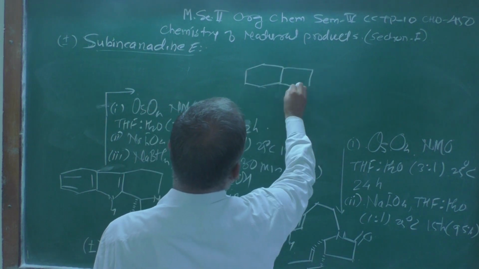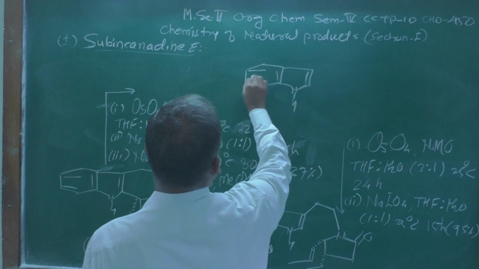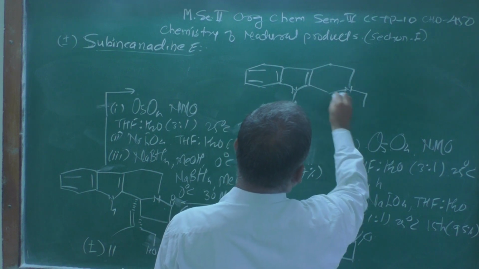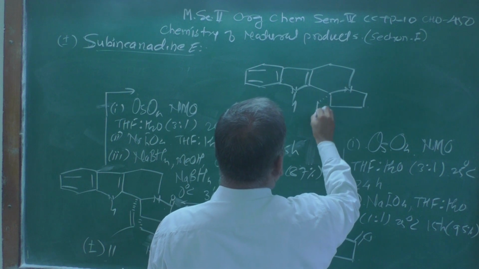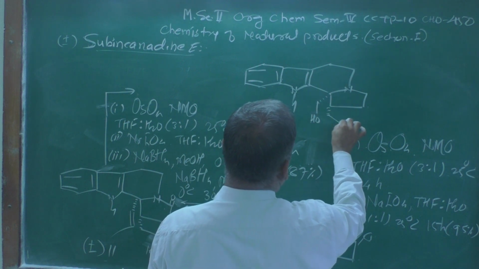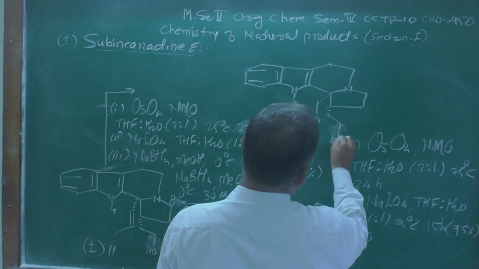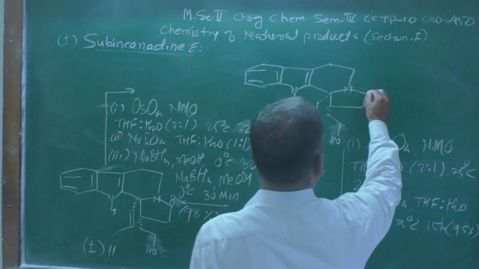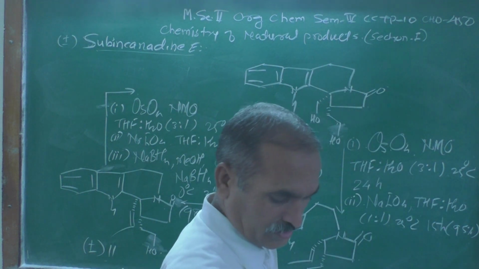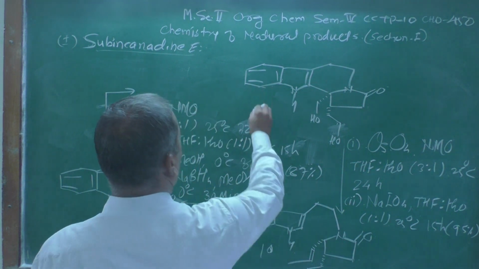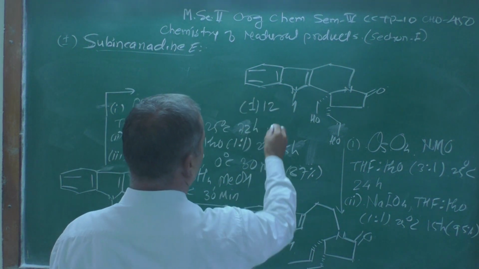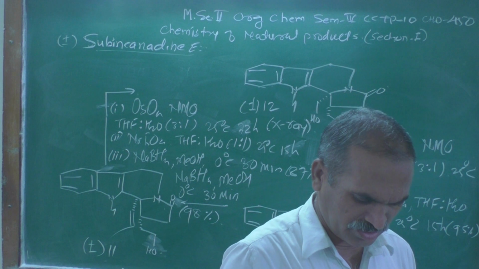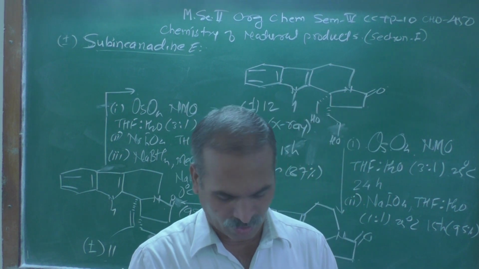This is the structure here, NH, double bond, this moiety remains as it is, then there is a 6-membered ring attached to a 5-membered ring, here maybe a hydroxy, then here once again a hydroxy group, and here this one is a lactone, and that is structure number 12, and this structure is confirmed by X-ray crystallography.